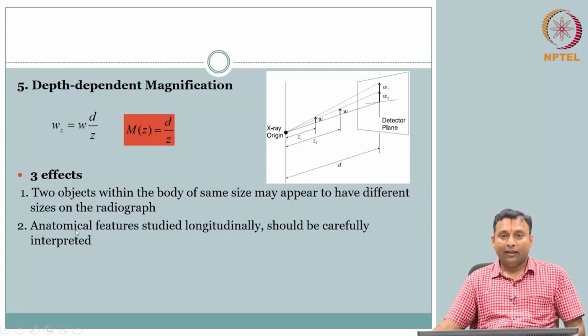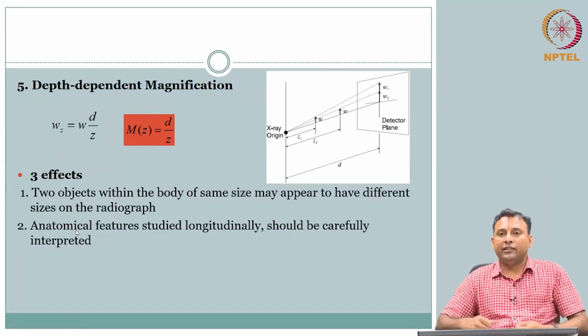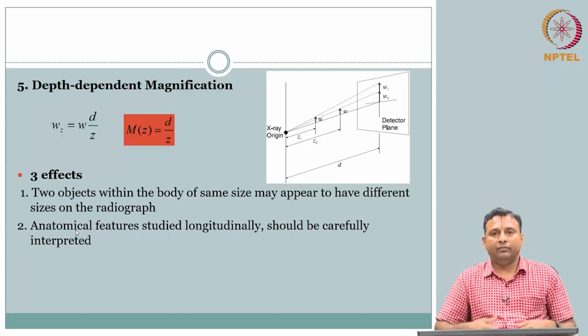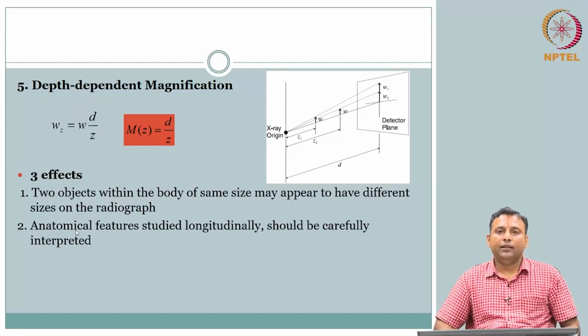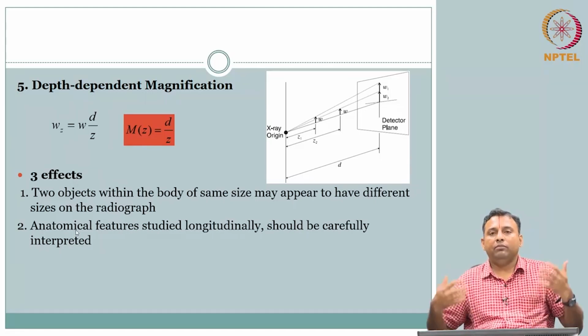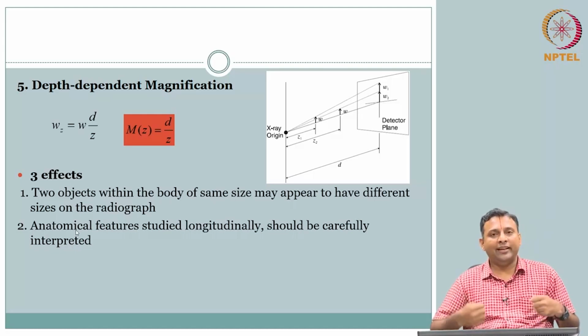The other, again a more challenging one, is studying anatomical features longitudinally. That is, I take a chest X-ray, for example, or an abdomen X-ray, when I am say 150 kgs, and then I go through some treatment, dieting, all those things.